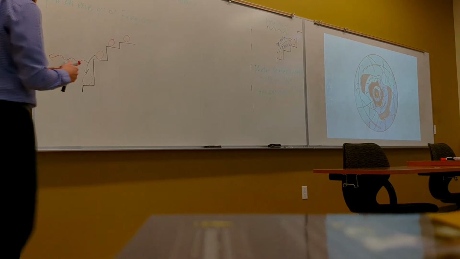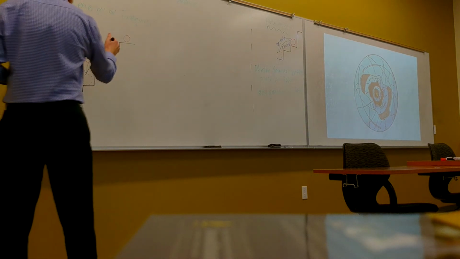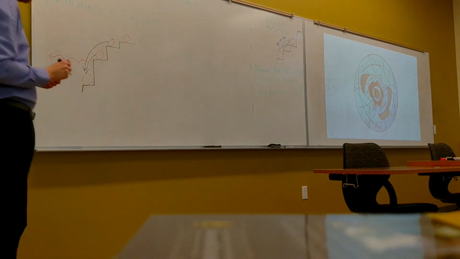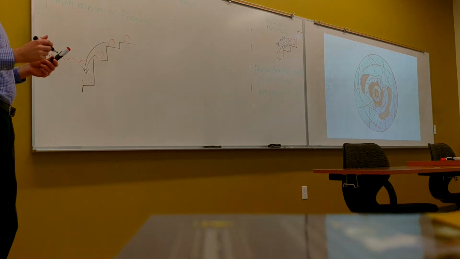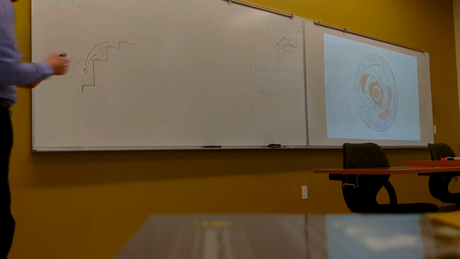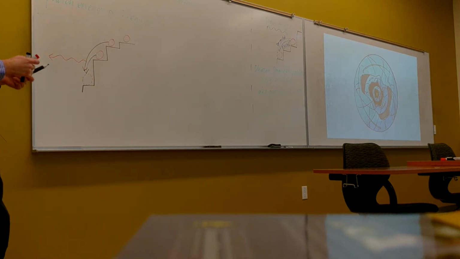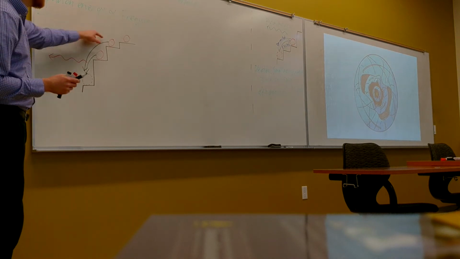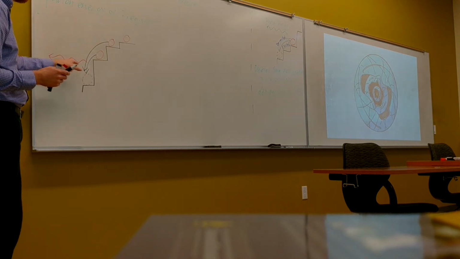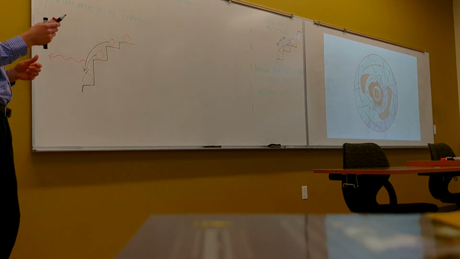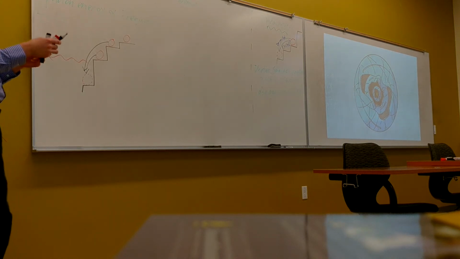If the electron falls down from here to here, it's falling a longer distance. It's falling from a higher energy down to this low energy. How is the energy of this photon going to compare to the energy of this photon? The higher energy, right? The electron's falling effectively farther.